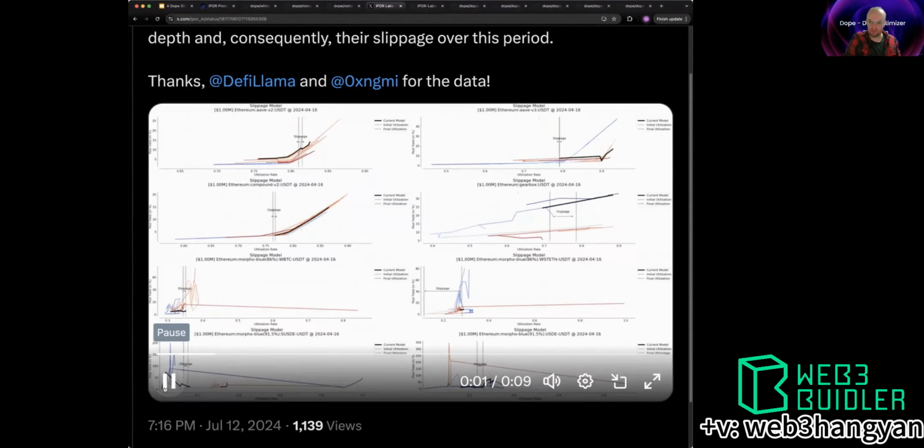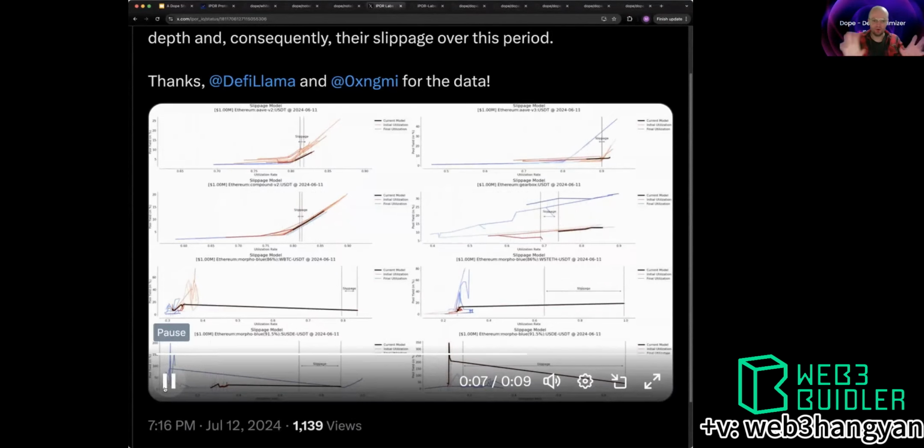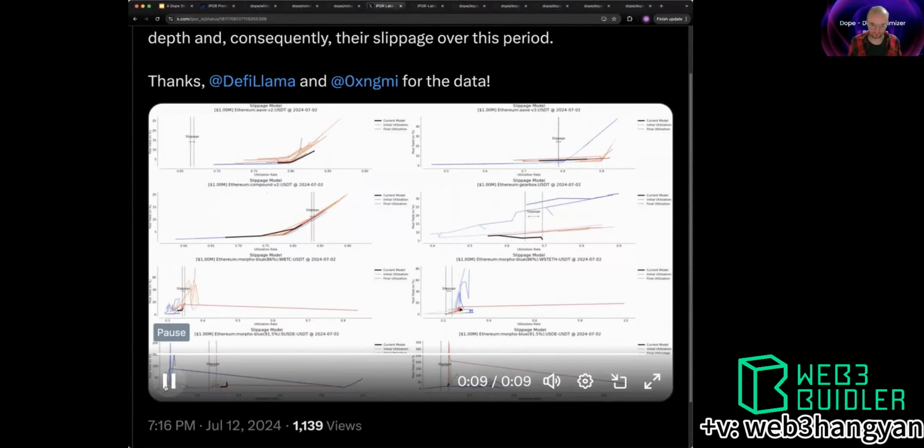So Dope is doing this calculation that we are looking at now in the background, and you don't really have to think about it. You're just thinking about how much money you have, which protocols you want, and what strategy you want to build and test. All this is just in the background.